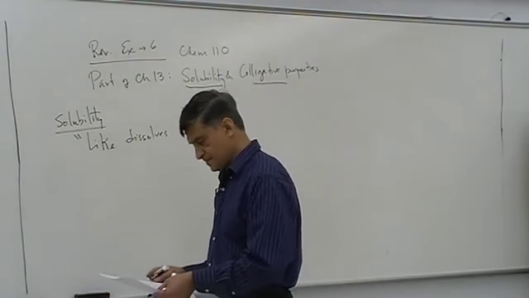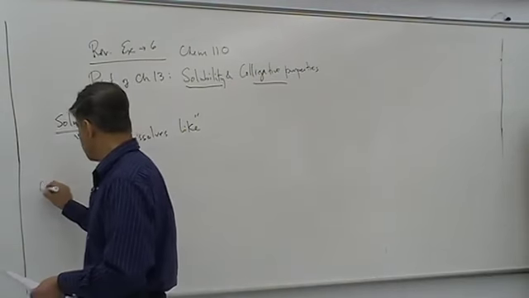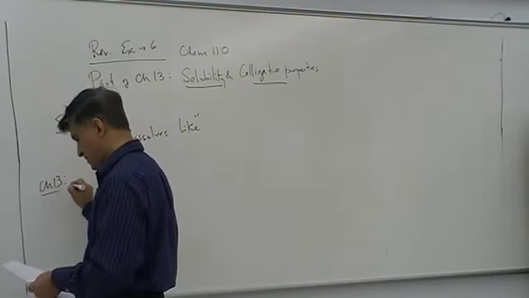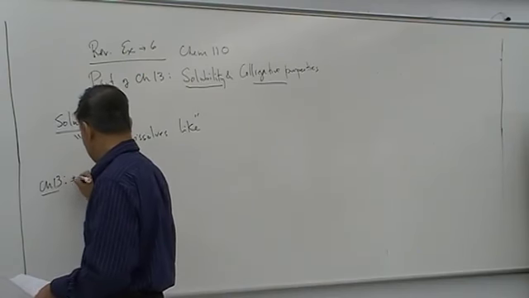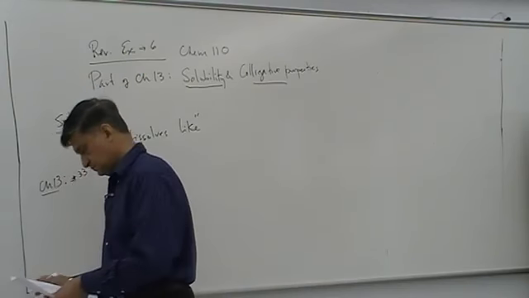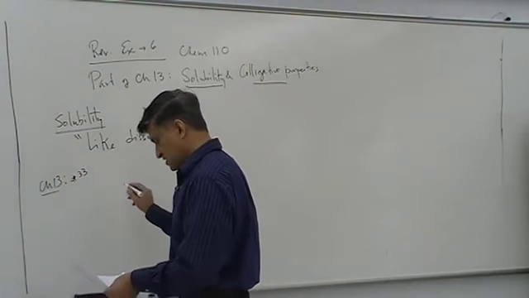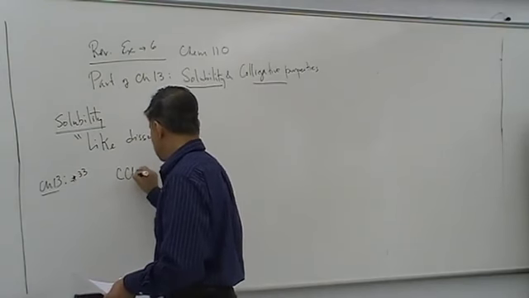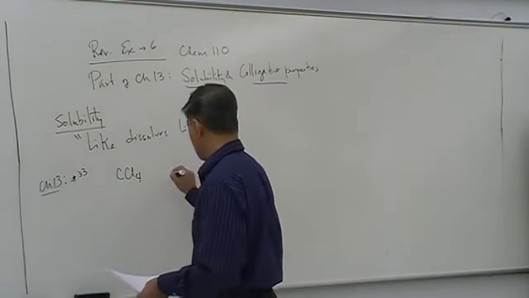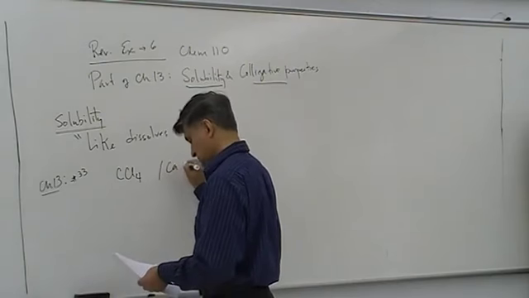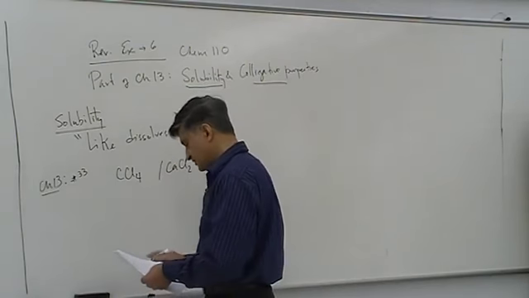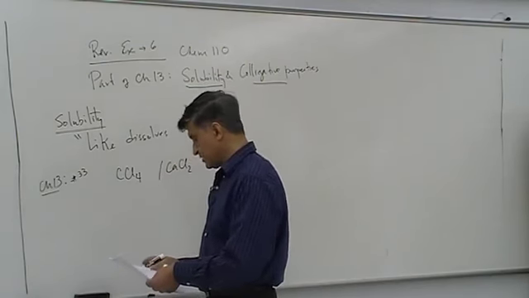Let's go over an example from the book. Chapter 13, I picked this problem, which is number 33. The question is, between CCl4 and calcium chloride, which one is going to be more soluble in hexane?